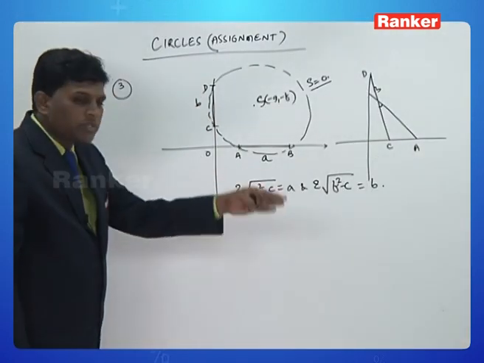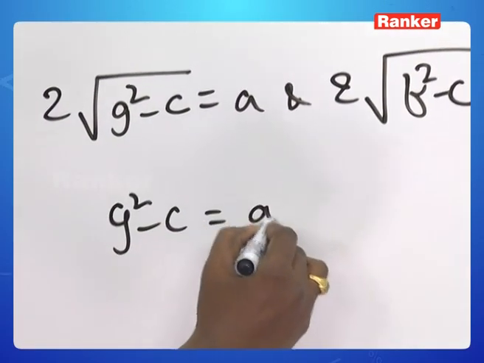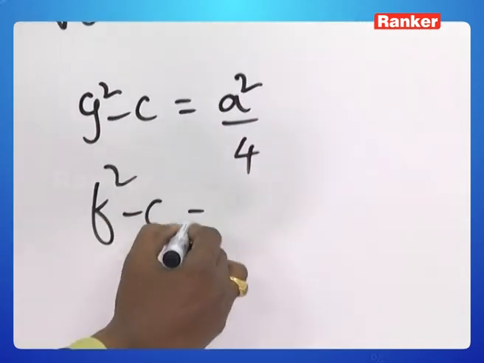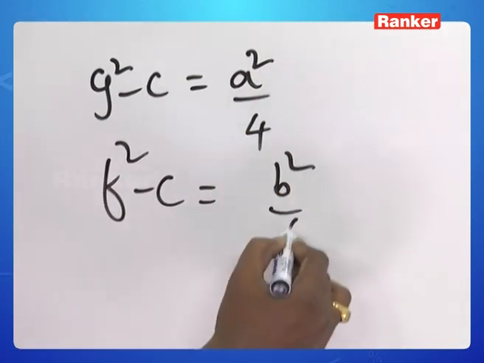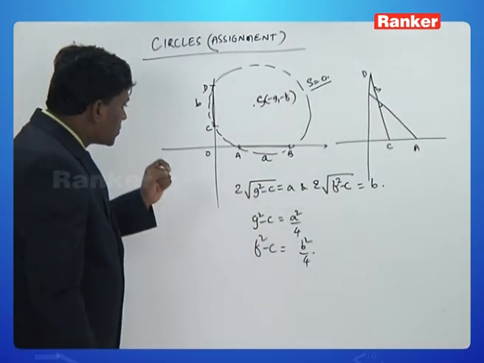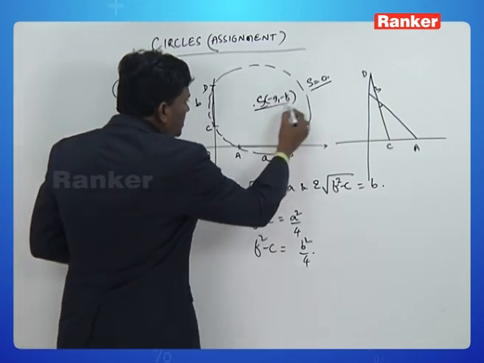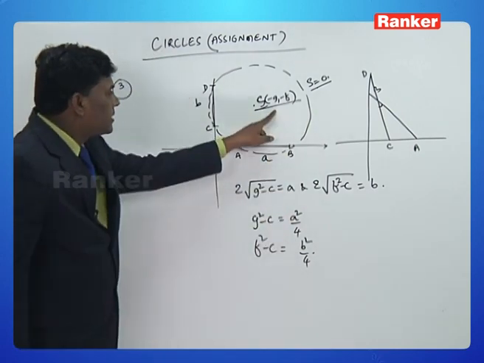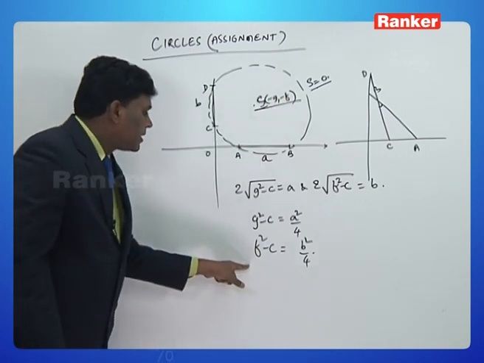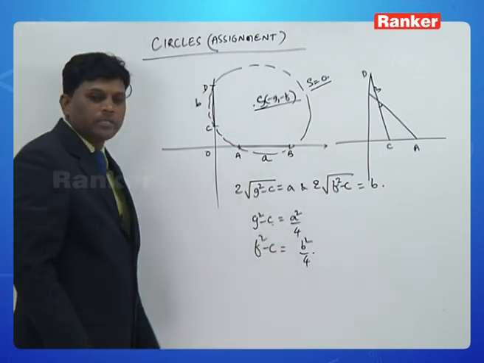On squaring both sides and simplifying, we get g square minus c equals a square by 4, and the second equation will be reduced as f square minus c equals b square by 4. Here the question requires the locus of the center of the circle, which is to be taken as a condition in terms of g and f, and the unknown term c is to be eliminated to get the condition required.